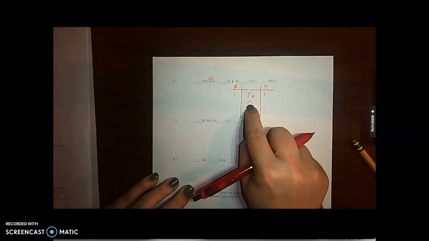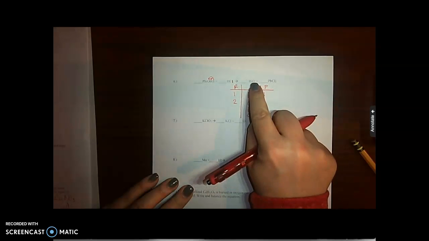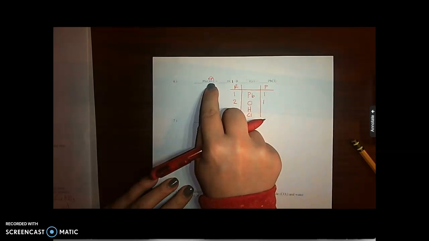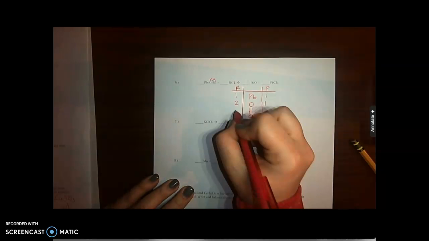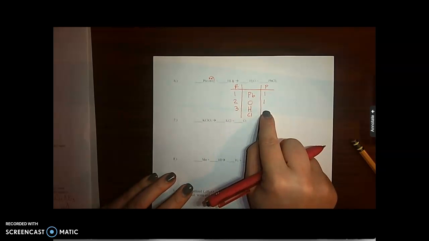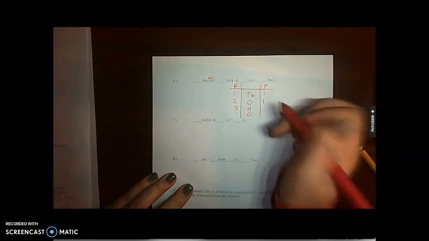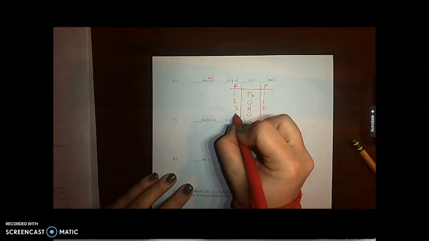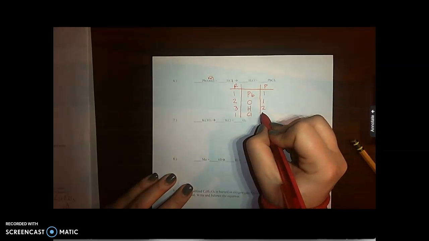On my oxygens, I've got 2 oxygens right here for my reactants. On my products, I've got 1 oxygen. For my hydrogens, I have 2 hydrogens here plus the 1 hydrogen here to give me 3 hydrogens. On my product side, I have 2 hydrogens here. On my reactant side, I have 1 chlorine here. And I have 2 chlorines on my product side.